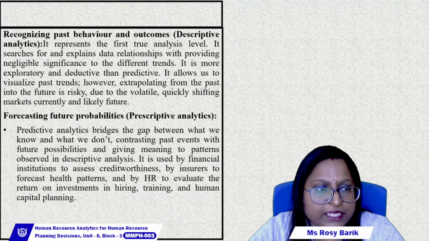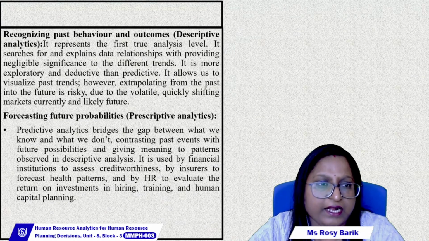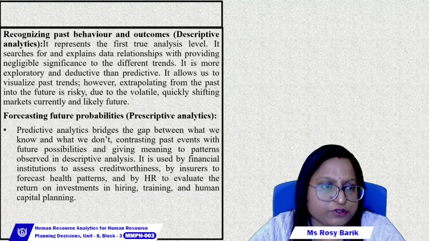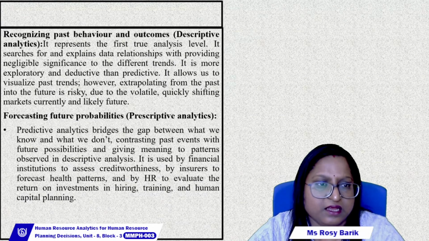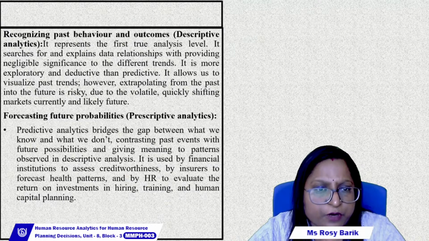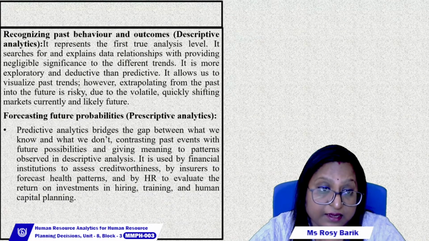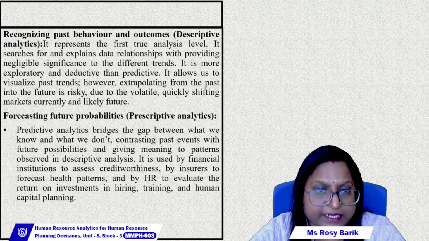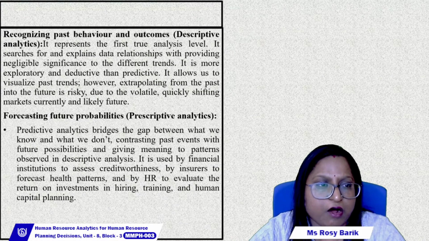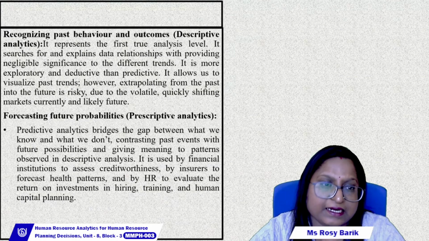It is more exploratory and deductive than predictive. It allows us to visualize past trends. However, extrapolating from the past into the future is risky due to the volatile nature and quickly shifting markets, currently and likely in the future.